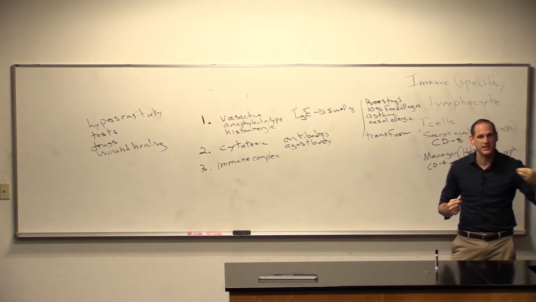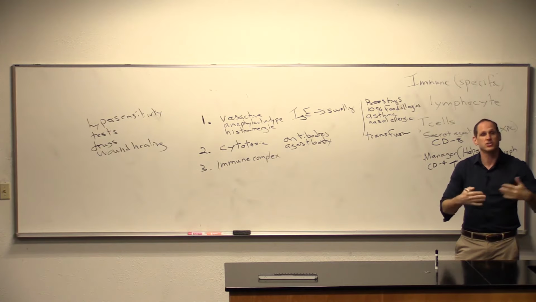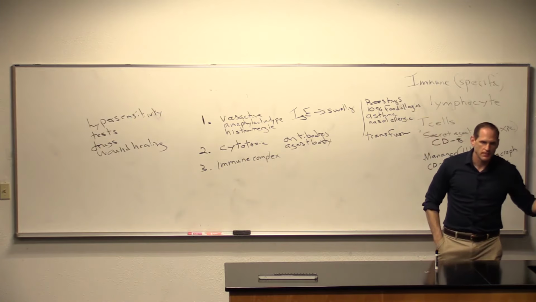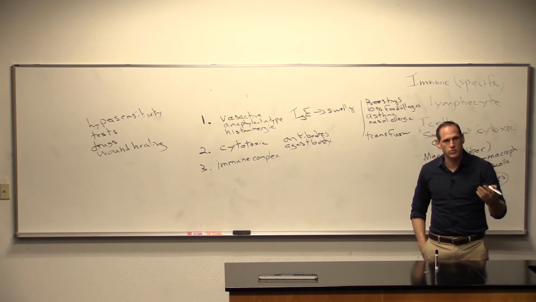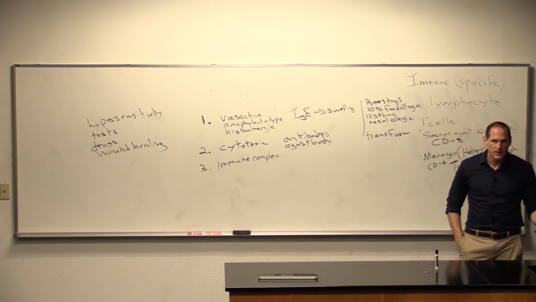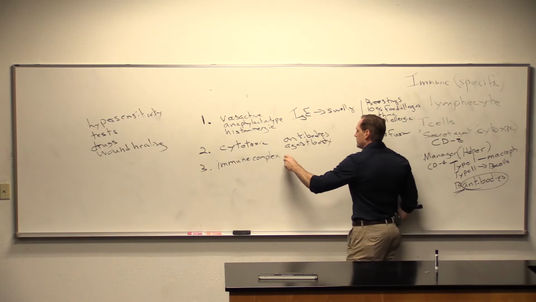And then when the complement cascade comes along and causes inflammation there, it can destroy the valve. It can do the same thing with your kidneys, causing something that's called post-streptococcal acute glomerulonephritis, which can lead to acute kidney failure. So that would be one example of immune complex.